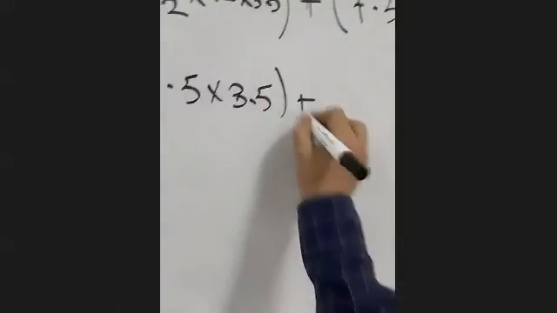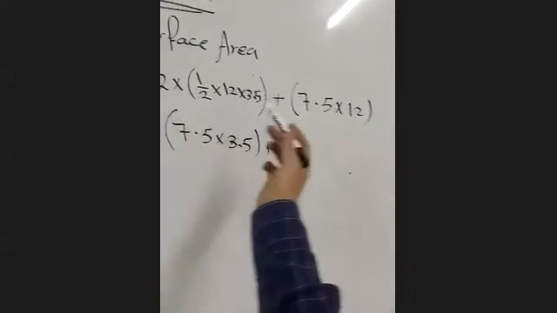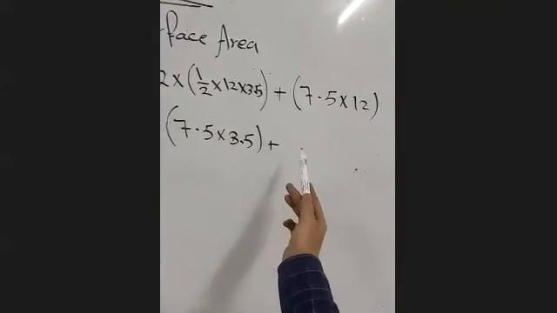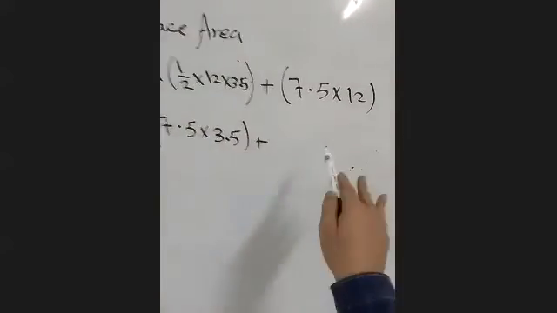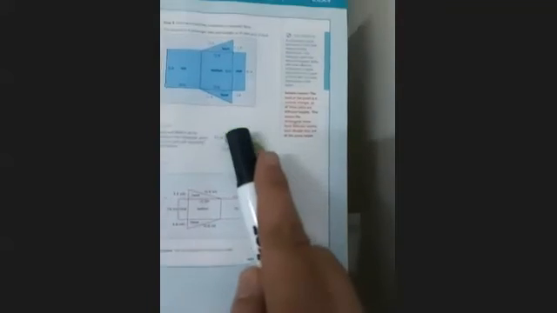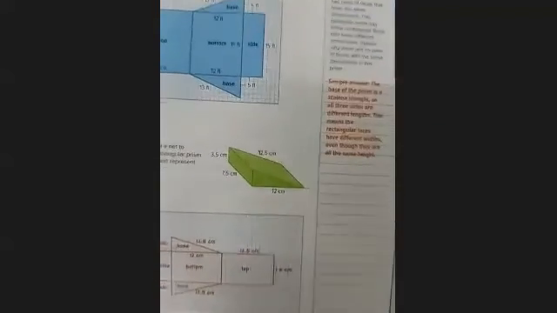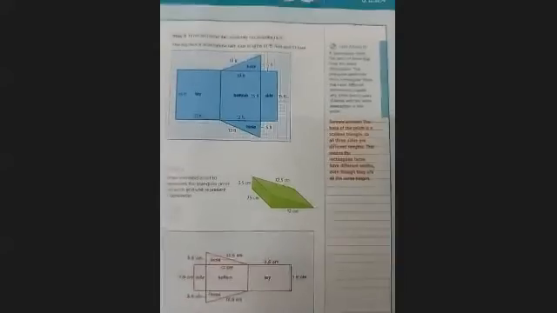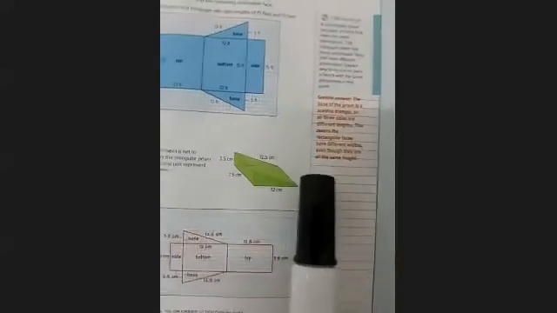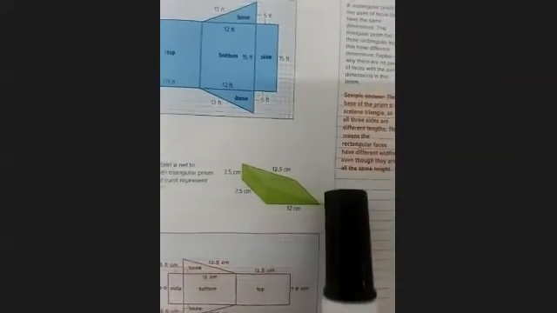So what did we do? These are the two triangles. The bottom, the side, and what is still left? The top, the roof. Who can give me the area of the top? The roof, guys, the one from above. Mr. Najm. Yes, mister. What's the length of the roof here?